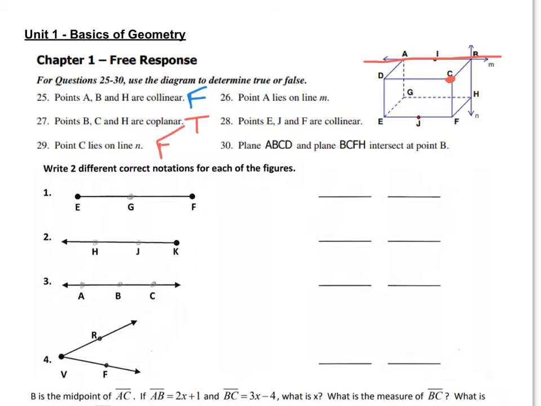All right. How about, does point A lie on line M? Yes, that's true. Is it true that E, J, and F are collinear? Yes, those are all on the same line.